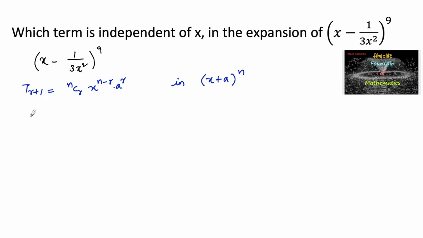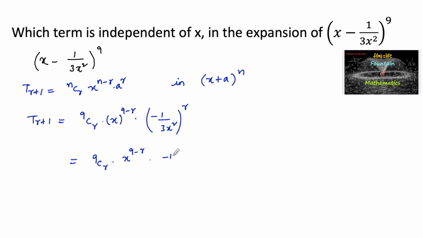So let us write here T(r+1) is equal to, here n is equal to 9, 9Cr x^(9−r) into (−1/3x²) whole to the power of r. Simplifying, 9Cr x^(9−r) into (−1)^r upon 3^r into x^(2r).